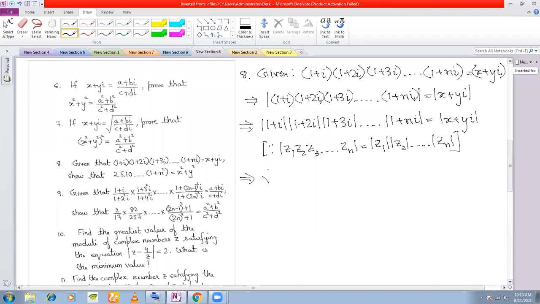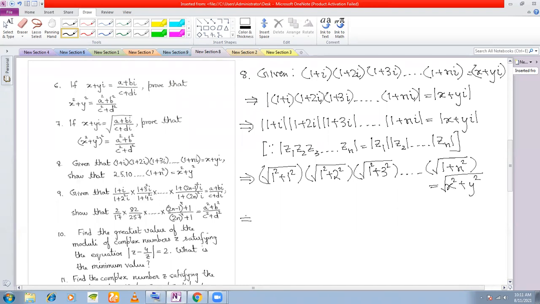Now mod of 1 plus i can be written as root over 1 square plus 1 square. Mod of 1 plus 2i from definition is root over 1 square plus 2 square, mod of 1 plus 3i is root over 1 square plus 3 square, and this, mod of 1 plus ni, is root over 1 square plus n square, is equal to root over x square plus y square.